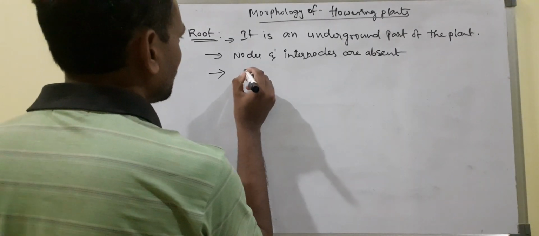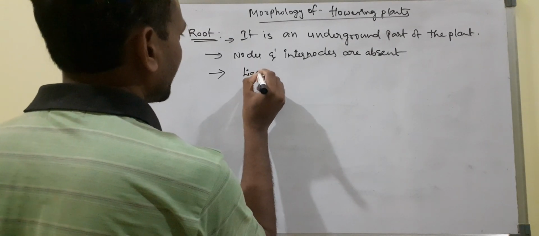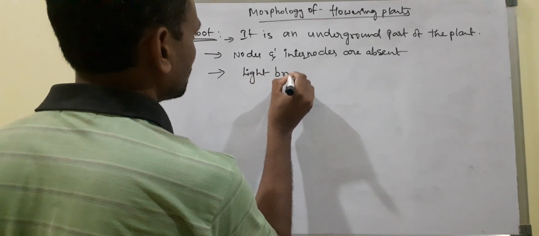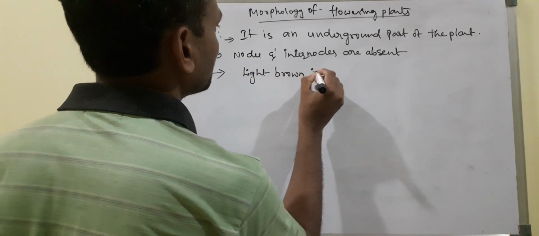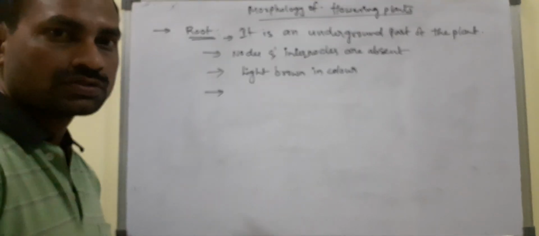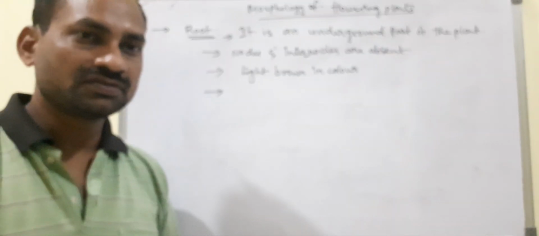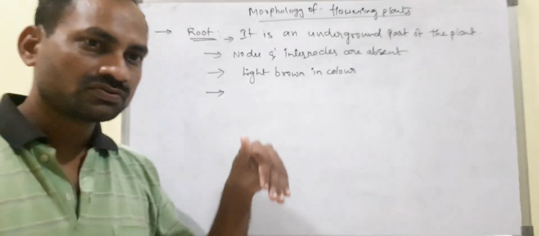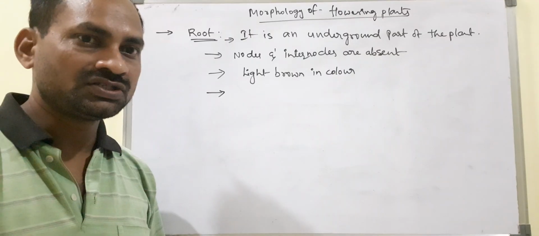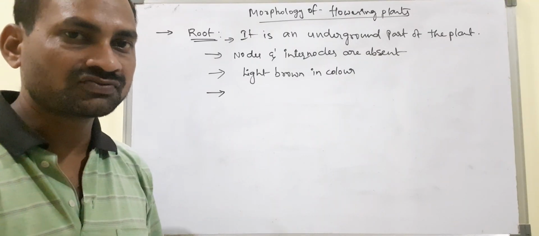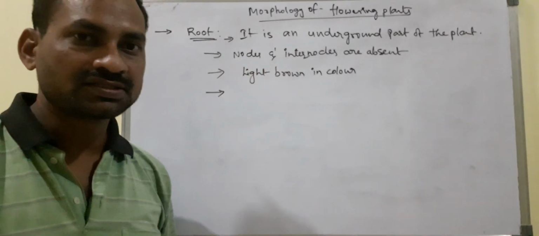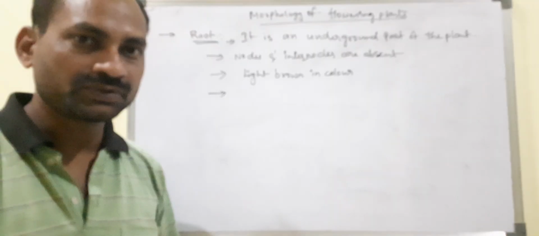Okay, light brown in color. Here root grows positively. Root grows towards gravity. That's why the root growth is called positively geotropic.